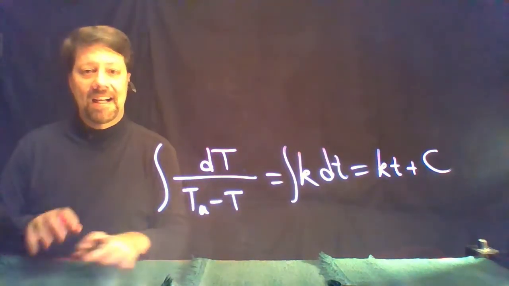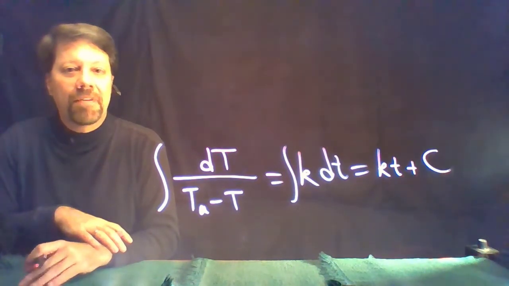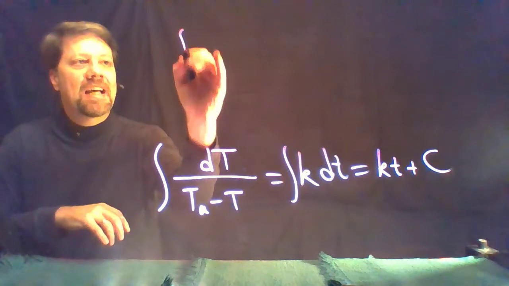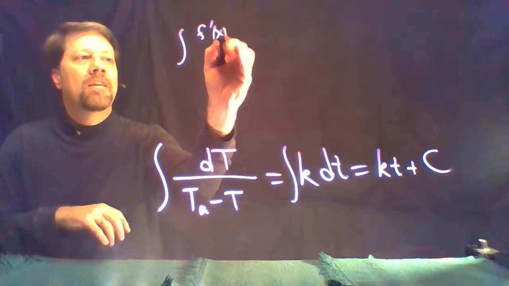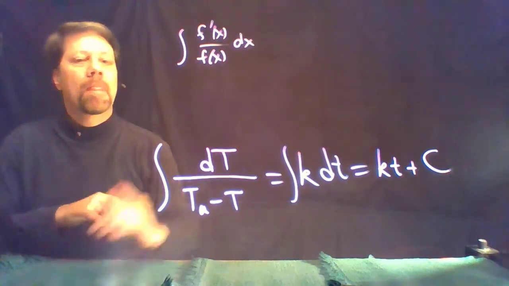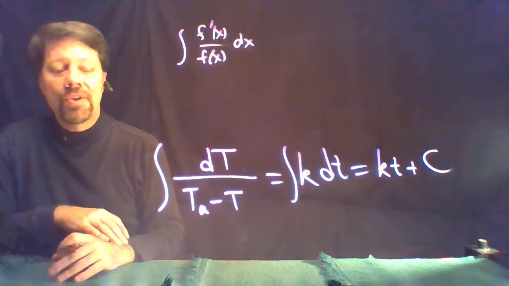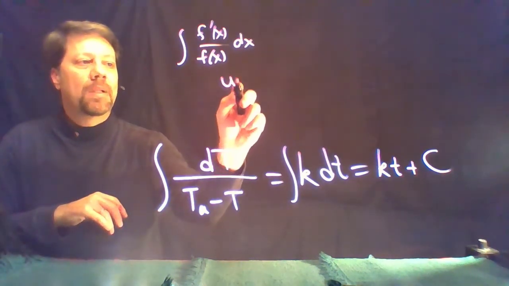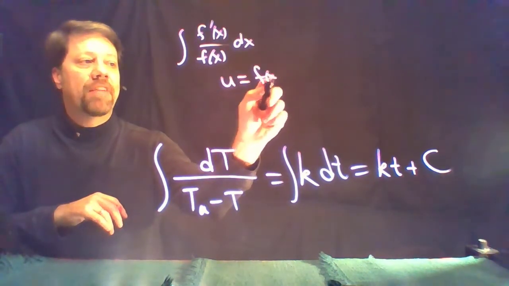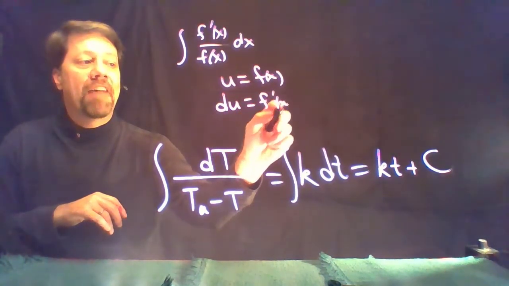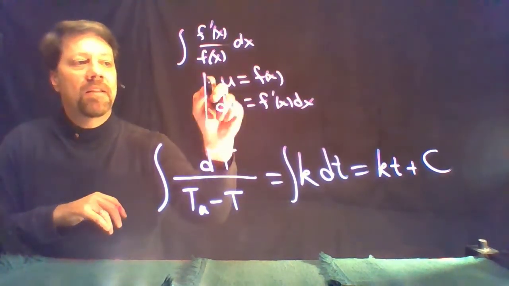On the left-hand side, I'd like to review a method from Calculus 1, the substitution of variables. Anytime you have an integral of the form f prime of x divided by f of x, I can solve these equations using the method of substitution. What we'll do is we'll allow u to be f of x, in which case du will be f prime of x dx.